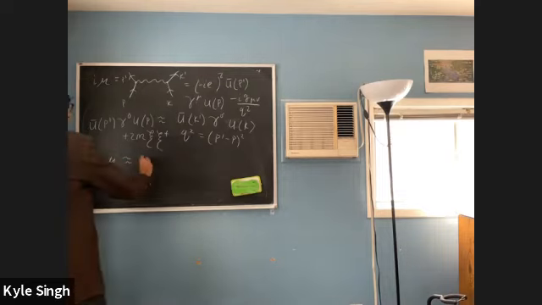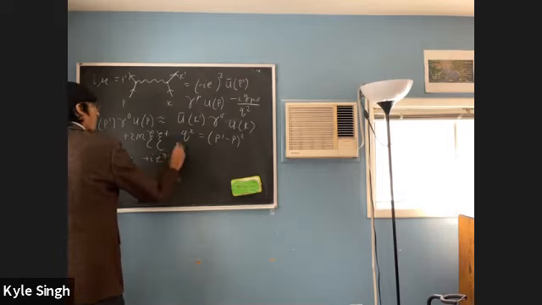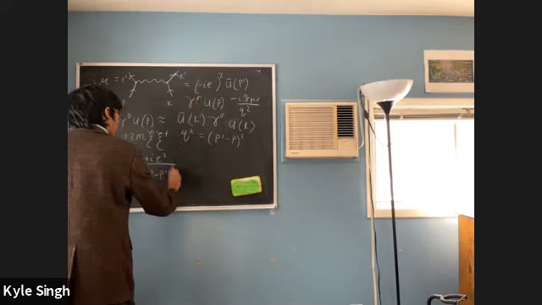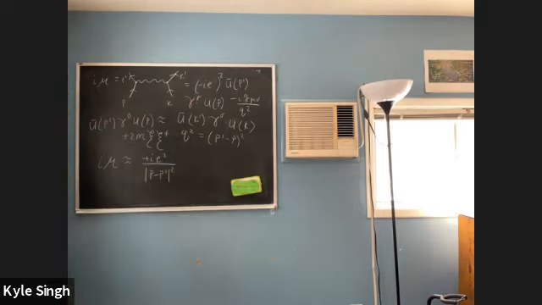So I get a plus i e squared over p minus p prime squared. That takes care of all of the propagator stuff. The gamma matrices are obviously going to disappear because they've been contracted.